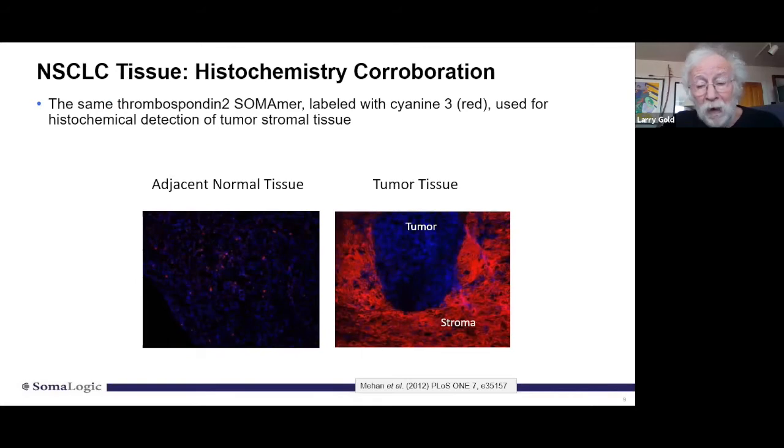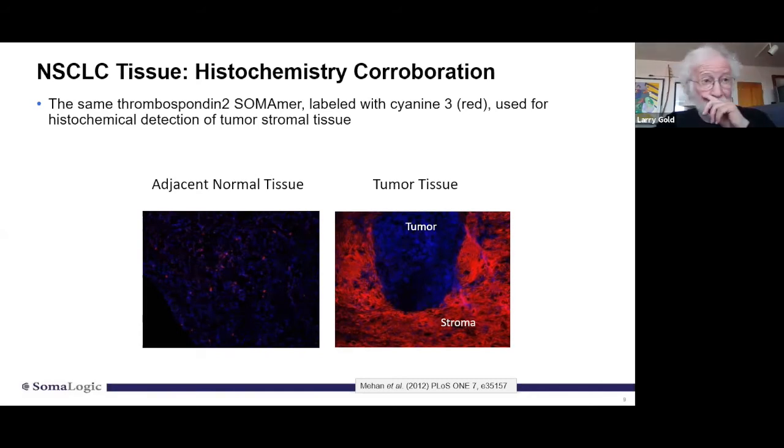You have to keep in mind that when you're trying to stain tissue sections, the SOMAmers are globular and the proteins are globular. And so the experiments that work best are frozen tissues, fresh frozen, rather than formaldehyde fixed tissue, because the fixation often destroys the conformation that the SOMAmers recognize.